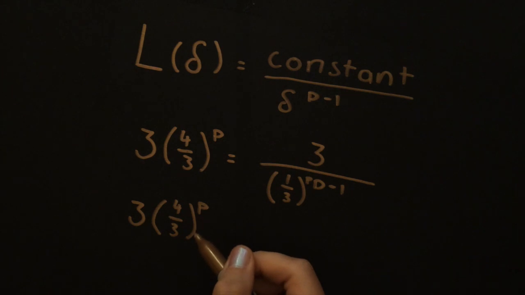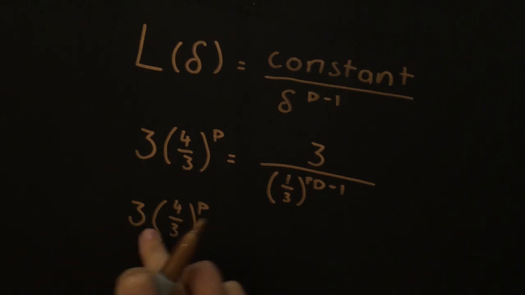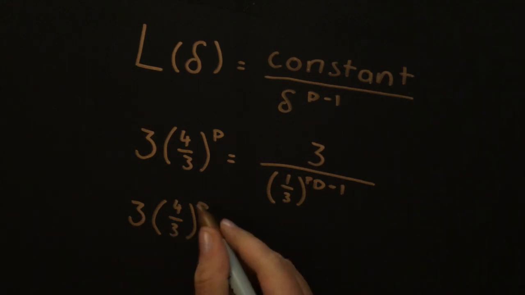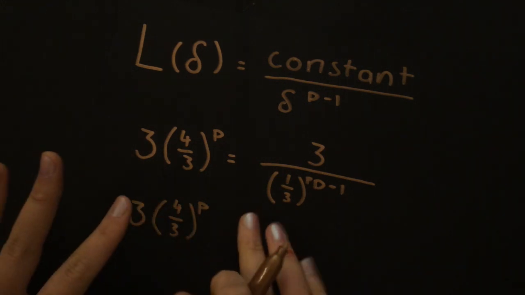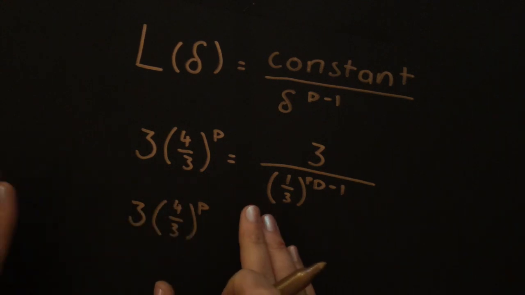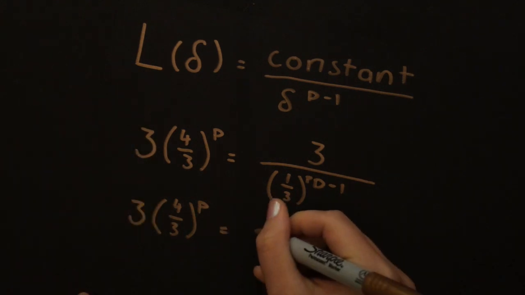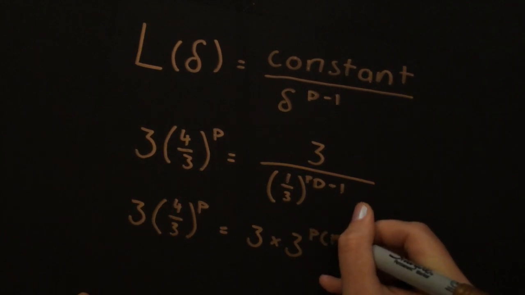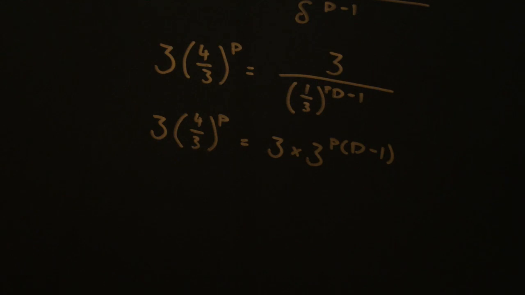The second rookie error I made was then, once realising that I couldn't just times these together for BODMAS, I then also made the mistake of not noticing that the p only applies to this 4/3. So remember that this power is only here, and these two things are not really multiplied together. It's this times this. Little rant over. So we've got 3 times 3 to the power of p times d minus 1. Are you ready? Are you ready for logs?